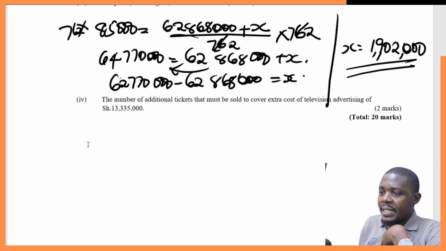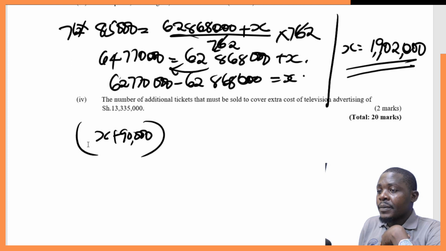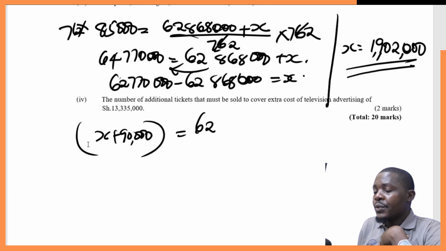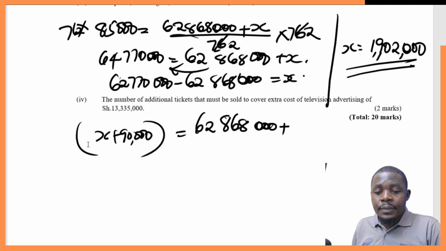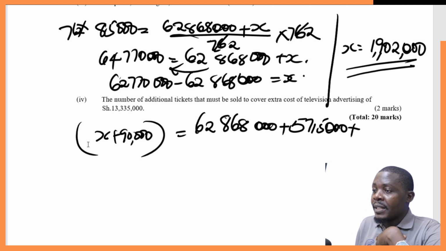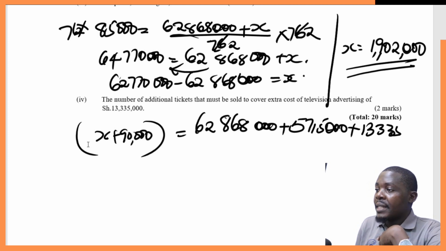Therefore, we can just say that we have X plus 90,000, because 90,000 tickets were being sold, is equal to 62,868,000 plus the target profit, it was how much, 5,715, plus now the television advertising, which is another fixed cost, 13,335.